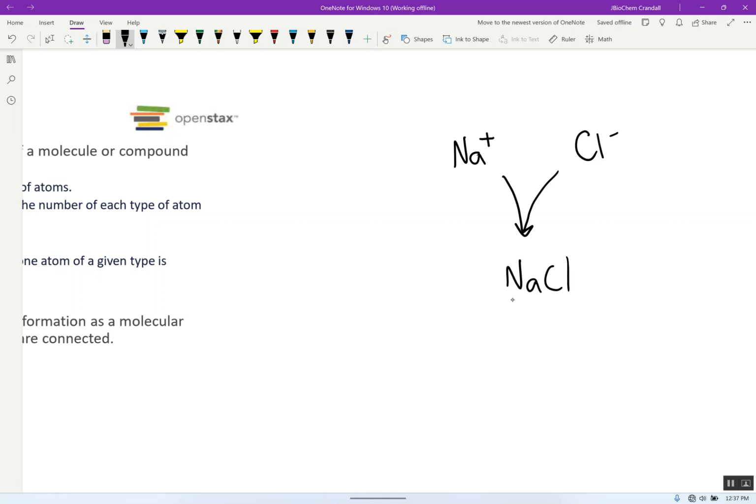Okay? So the ionic formula here is NaCl. We also have another name for that. We say it's the empirical formula because these salts or ionic compounds, they come together in only one way, just one single combination between them.